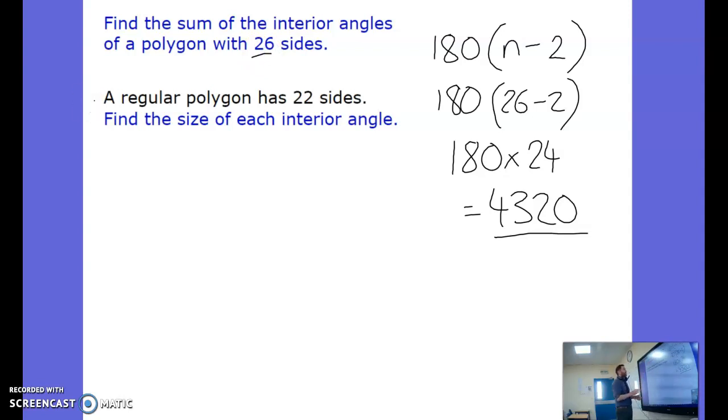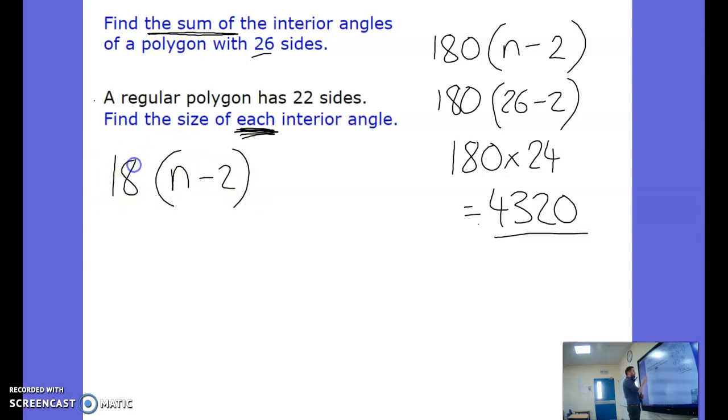Second part here, a regular polygon has 22 sides. Find the size of each interior angle. So this one at the top here was the sum of the total, which is going to be a huge number. Each interior angle, that's going to be a much smaller number. It's the individual angles we're looking for. So what I can do is I can work out the sum of the interior angles using that formula, n minus 2 times 180.